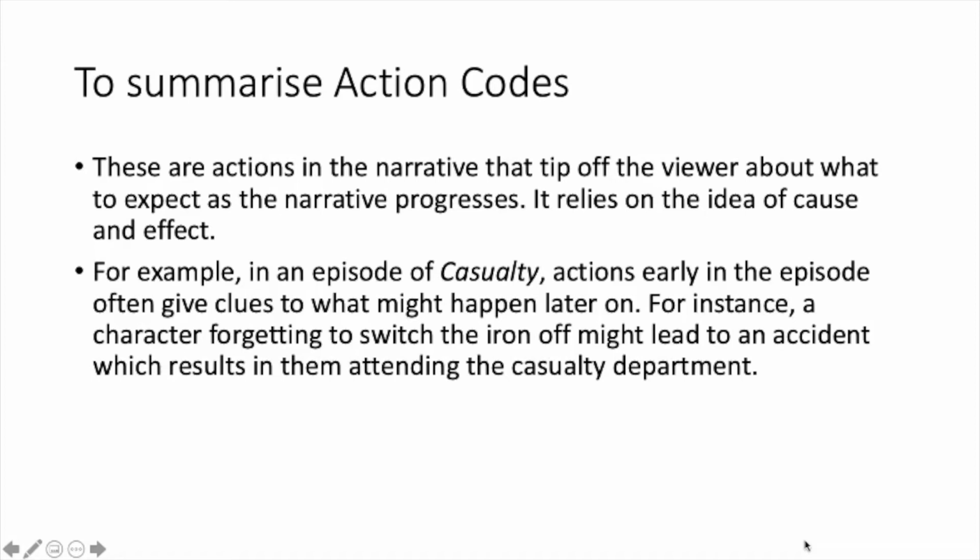So for example, a character forgetting to switch the iron off might lead to an accident which results in them attending the casualty department. So the fact that we see the iron not being switched off is the action code, which then leads us to the narrative progressing, because we may understand that that's going to cause an accident. Okay, so that's the cause and that's the effect of that particular action code.